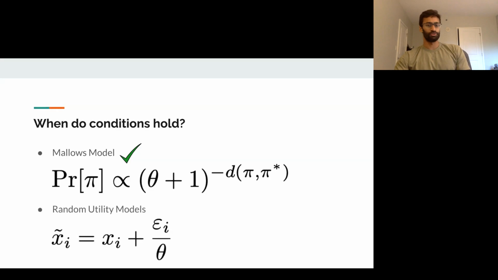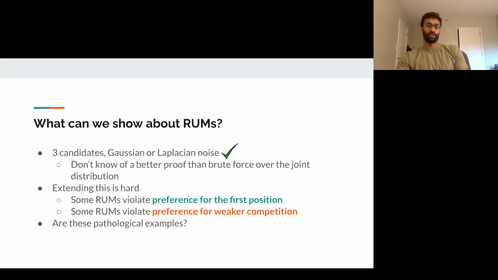We also talked about random utility models. The answer is somewhat complicated: sometimes, but not always. This is what I think might be interesting to people here if you're considering thinking more about this problem.